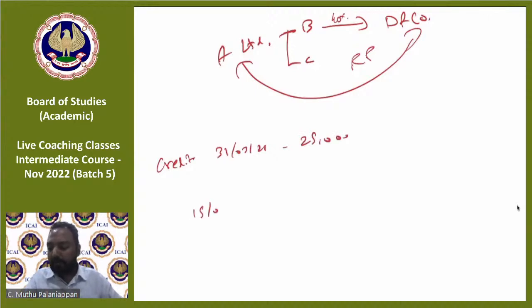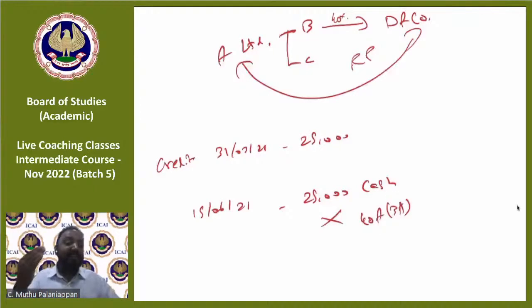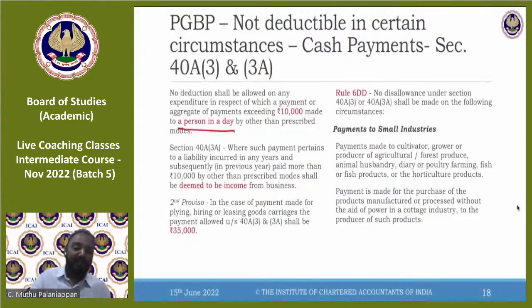On 15th June 21, I am paying 25,000 by cash. This is also disallowed under 40A 3A because in the earlier year it was an expenditure which I am now repaying by cash. So it can be current year expenditure or previous year expenditure, still it is not allowed.